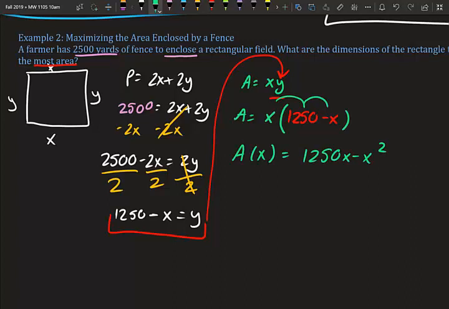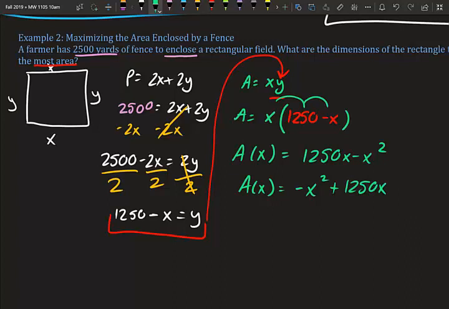We write A of x because that's the function we're working with. We're working with area, and the variable is x. I'm just going to rewrite this as ax plus b, so we have negative x squared plus 1250x. I rewrite it because we like to see x squared first.